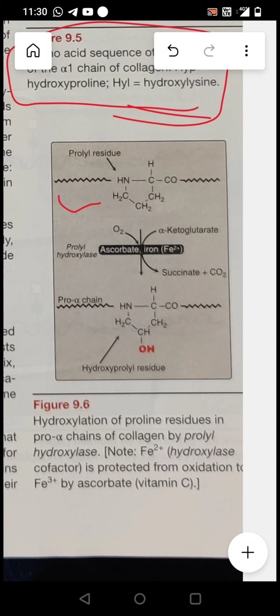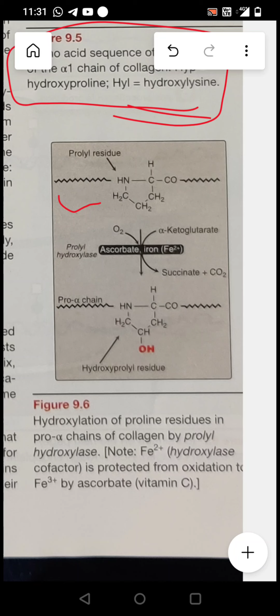Then the number of hydroxyproline decreases, the number of hydrogen bonds decreases, and the collagen is weaker. So it leads to loss of cell integrity, and that is why in the basement membrane of the endothelial cells, where collagen is very important for stretching and also for helping in clotting in some way, it leads to bleeding.